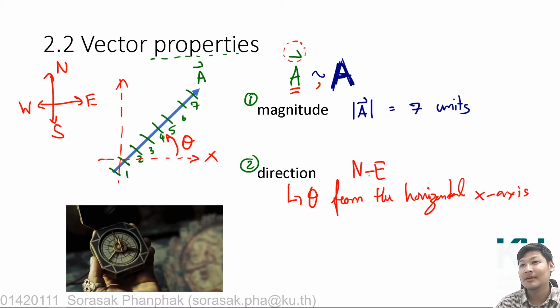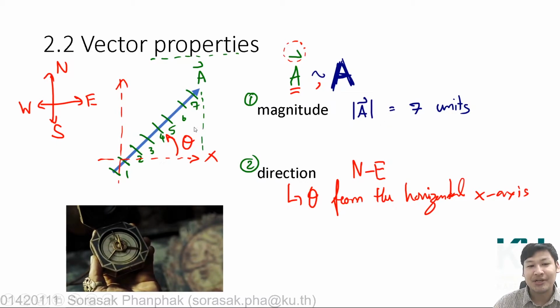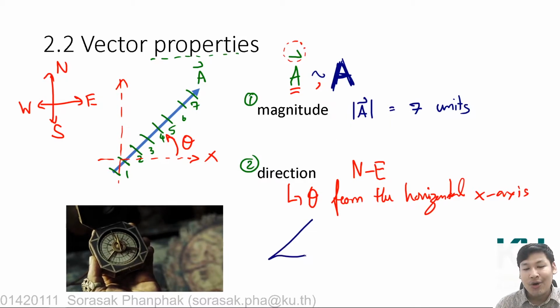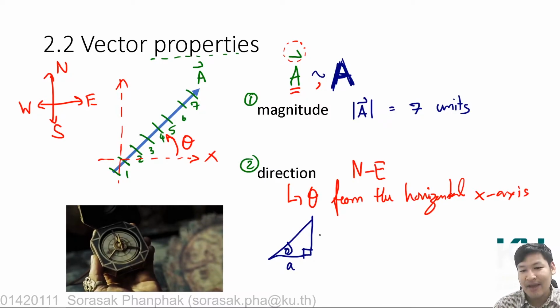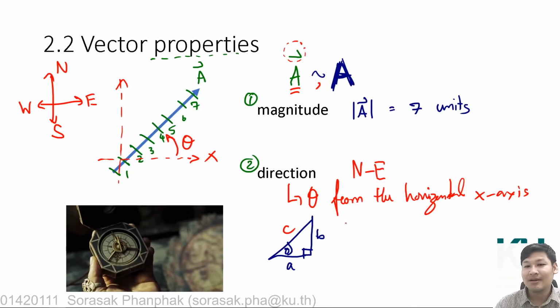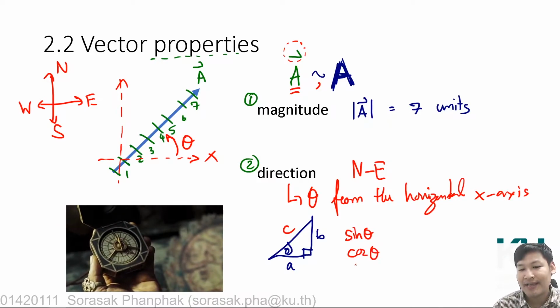If you know the trigonometric conversion, now you can use the relation of the right angle triangle, right? You know the theta, and if the sides are A, B, and C, you can use sine theta, cos theta, and tan theta to represent the direction of it.